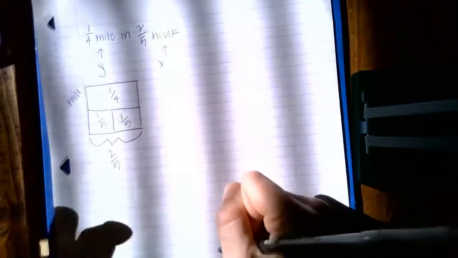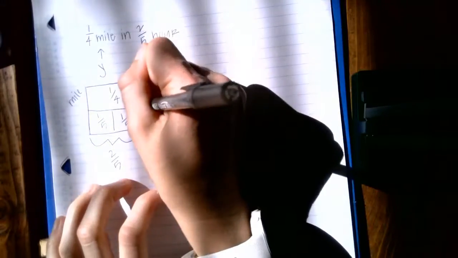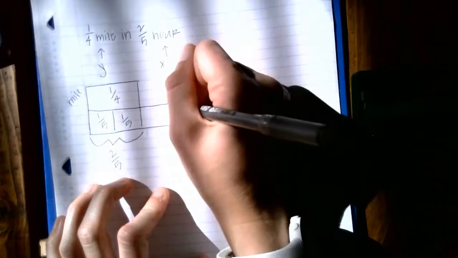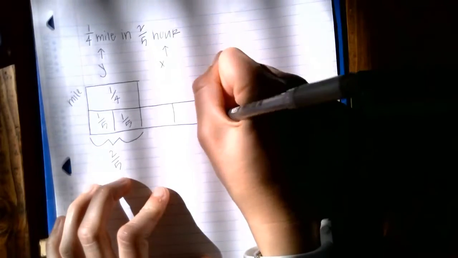So miles, he can go 1/4 in 2/5 of an hour. So now I need to figure out the rest of the hour. So I have 2/5. In order to make a whole 1, I need 5. So 1, 2, 3, 4, 5, and label them 1/5.